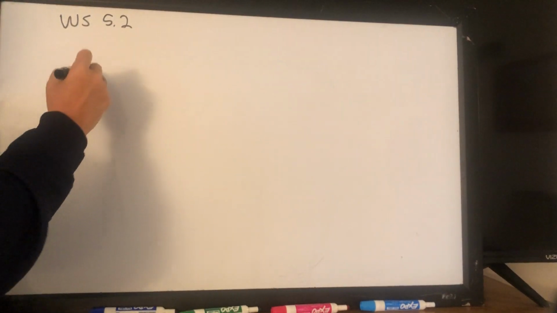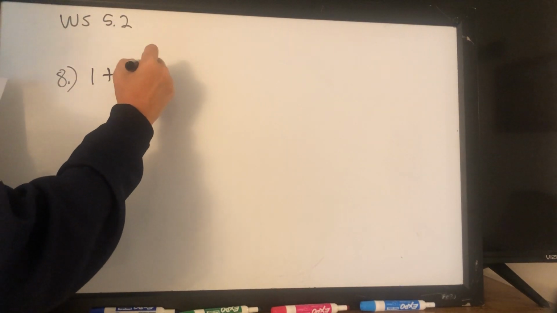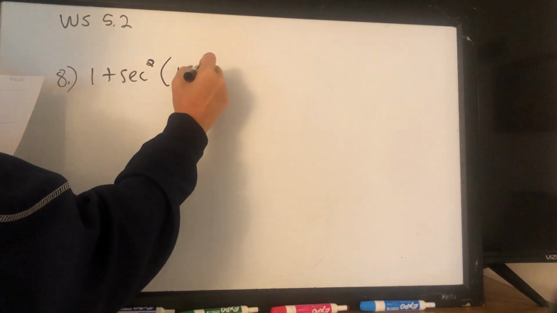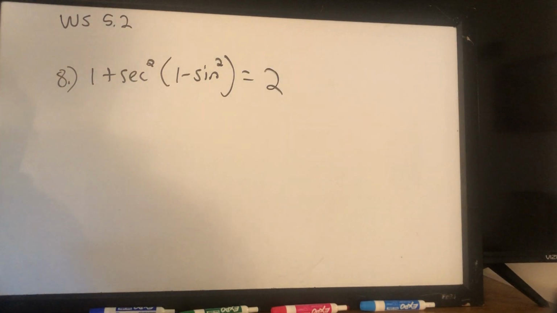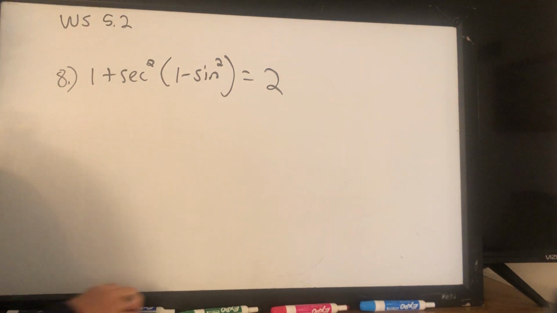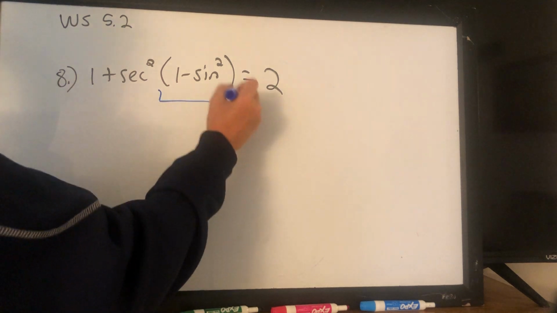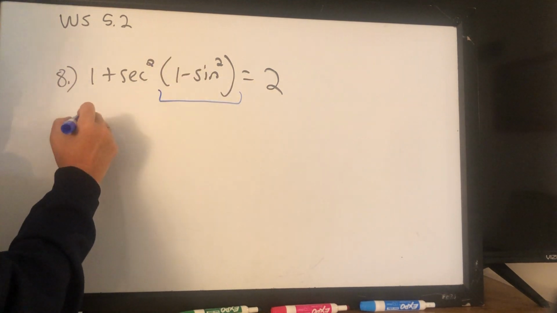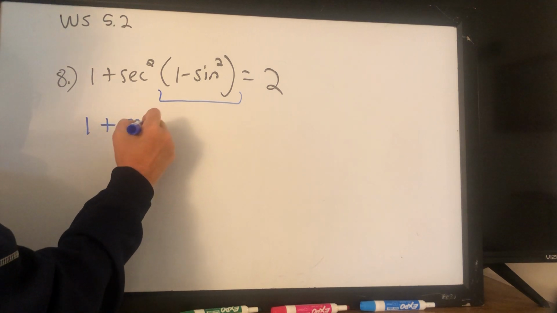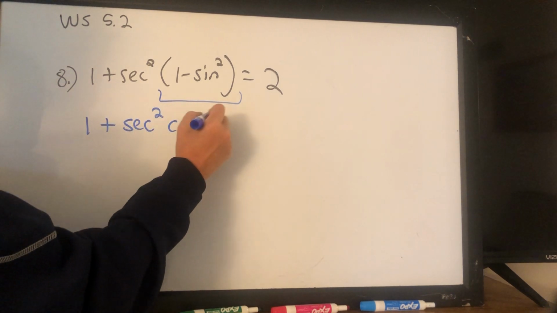Last one. 1 plus secant squared times 1 minus sine squared equals 2. All right. What do we want right now? Right now, I'm going to see this parenthesis separated. And that's a Pythagorean identity. 1 minus sine squared is cosine squared. Everybody see that?